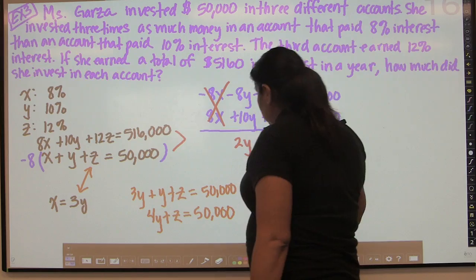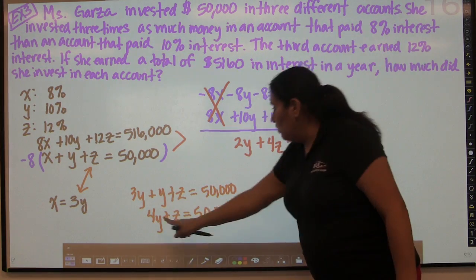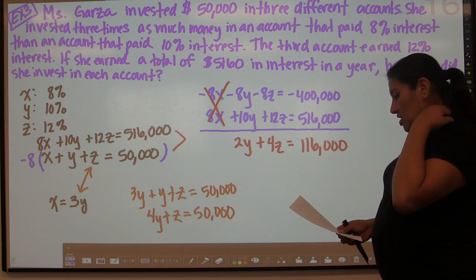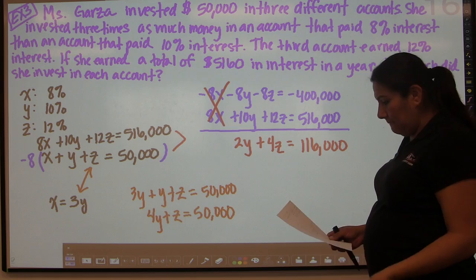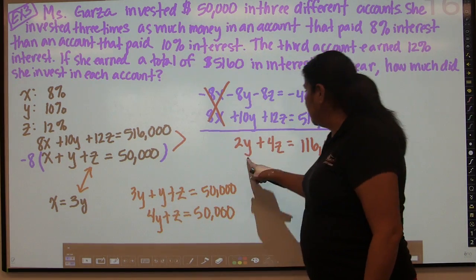So what that means is that now I have two equations with y and z. But in order for me to cancel out another variable, I'm going to use elimination this time. So what I want to do is get rid of the y's. This is a 4y, this is a 2y.